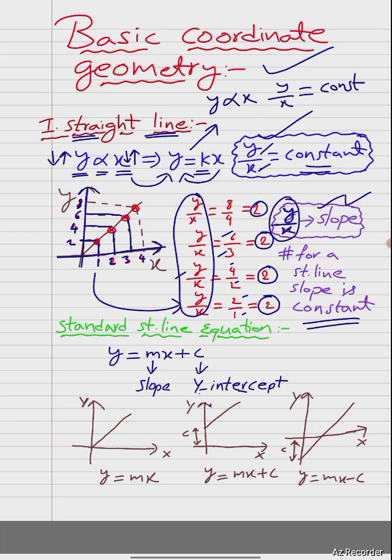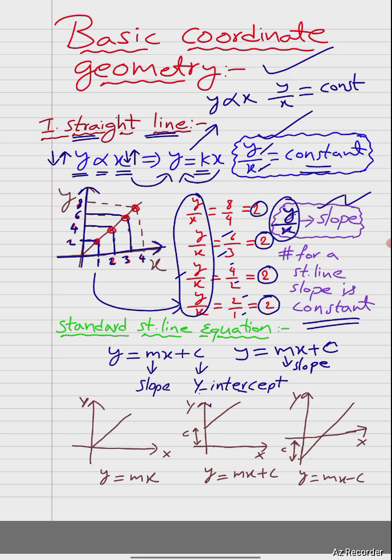Okay, now the standard straight line equation is y equal to mx plus c. I hope most of you are familiar with this. The standard straight line equation is y equal to mx plus c, where m is slope, and c is the y-intercept. What is y-intercept?